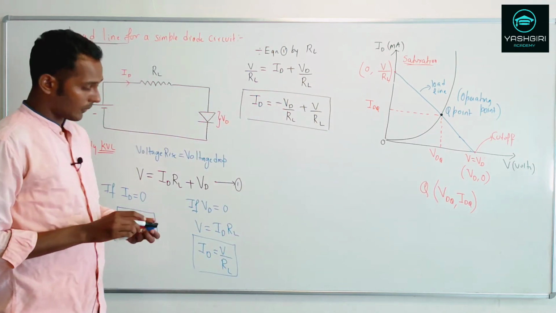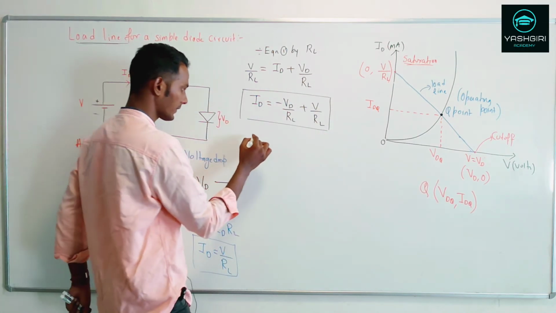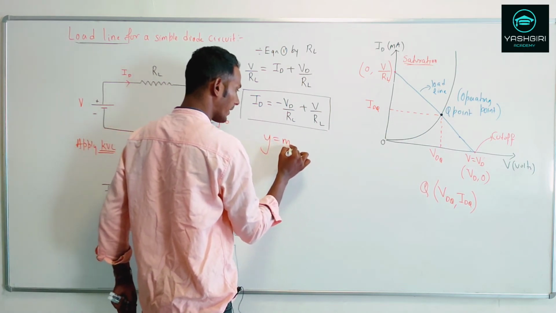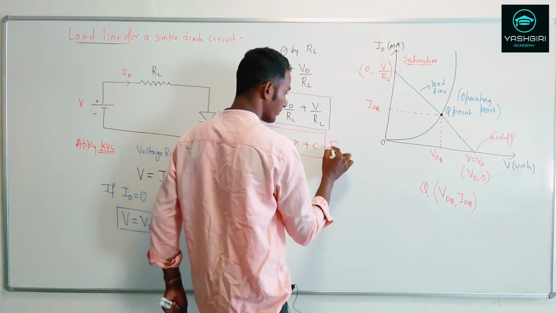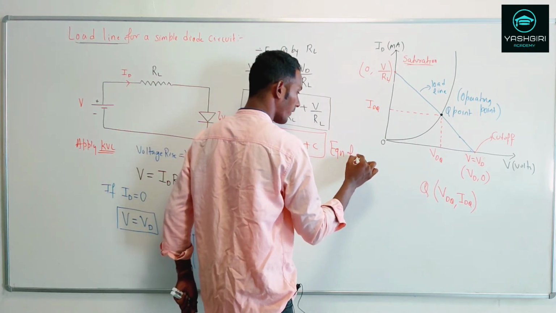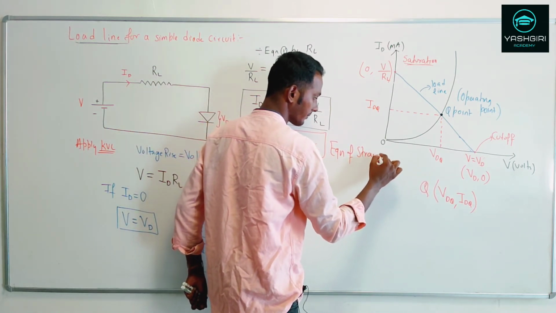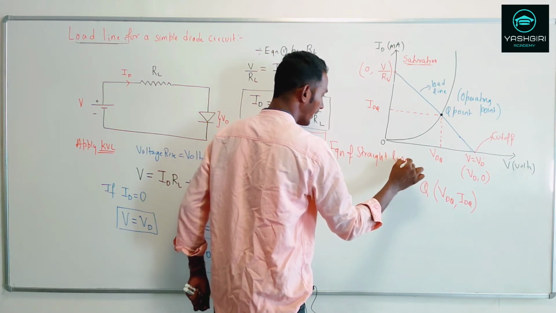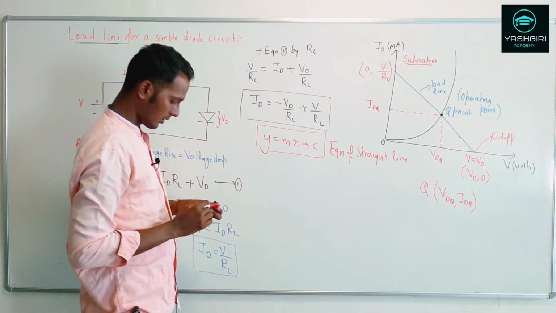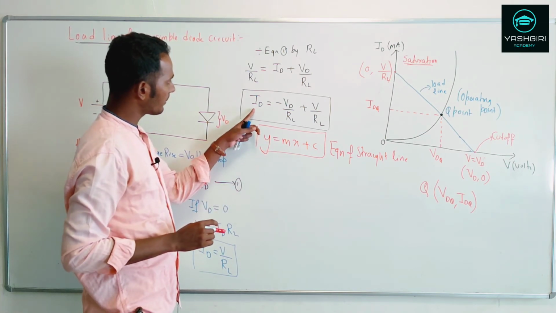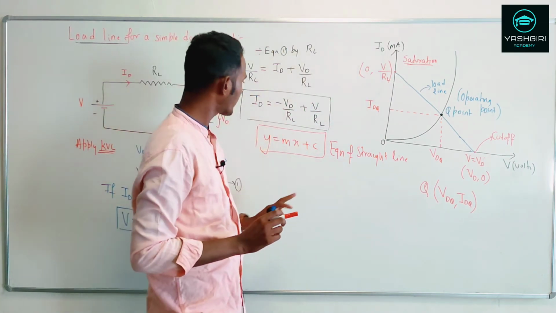Now what I know is the equation of a straight line, y is equal to mx plus c. If you compare the equation for ID with this straight line equation, y is nothing but my ID, along the y-axis.